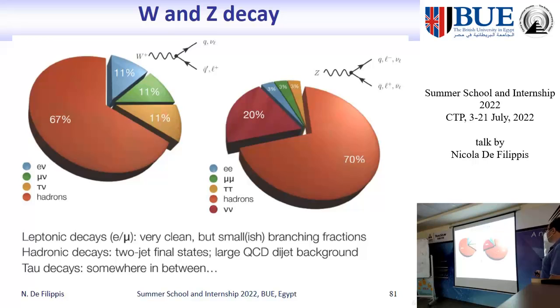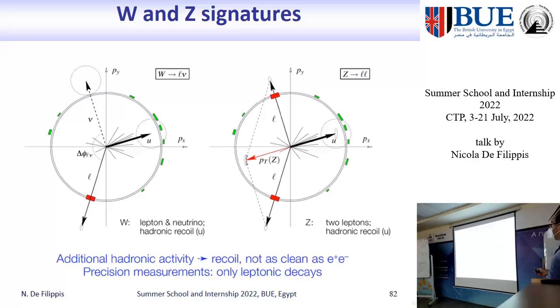But of course, if you want to reconstruct the Z in q q-bar in hadrons, this is much less precise than doing it by using leptons, because leptons can be reconstructed with very high efficiency and very good energy momentum resolution by using the CMS and ATLAS experiments. And what is the topology of the events? And the same for the W.